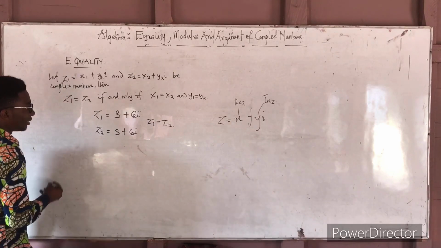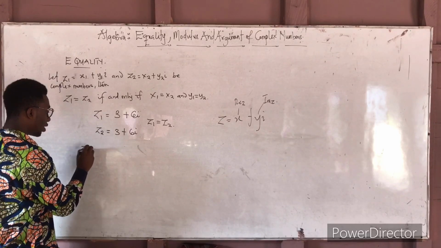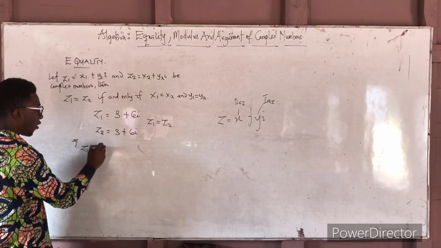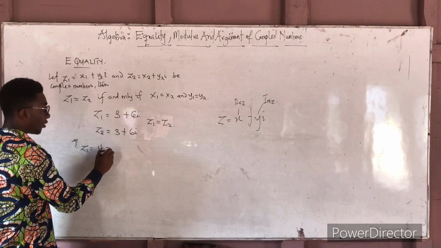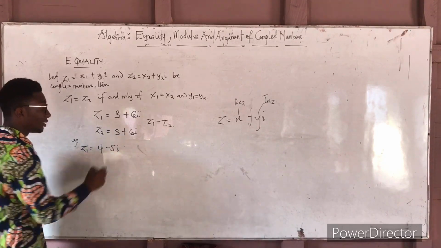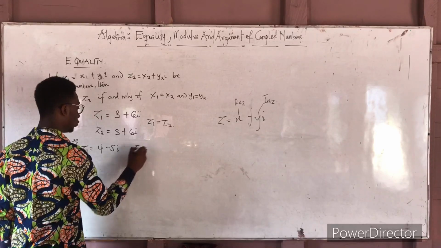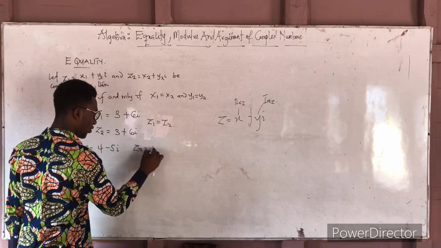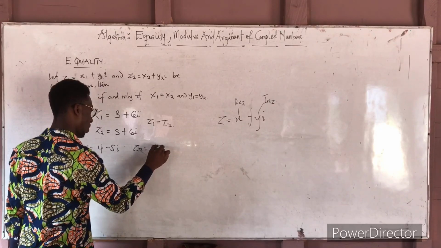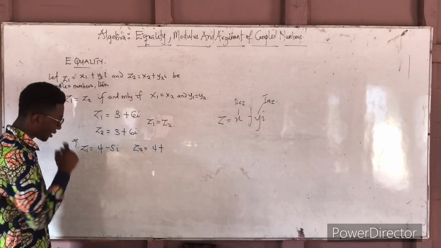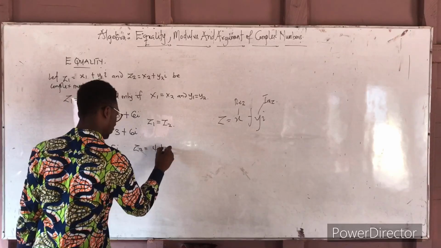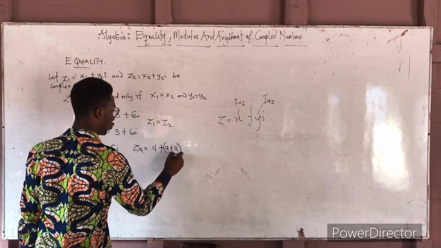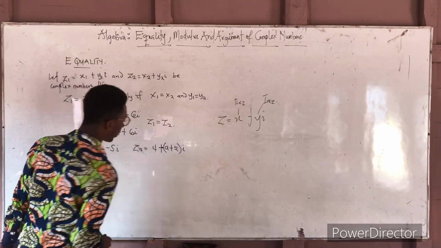So for instance, we have a complex number z1, which is 4 minus 5i, and we have z2, which is, let's say, 4 plus a plus 2i.